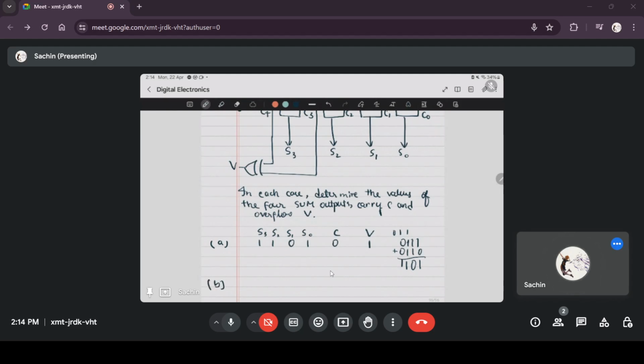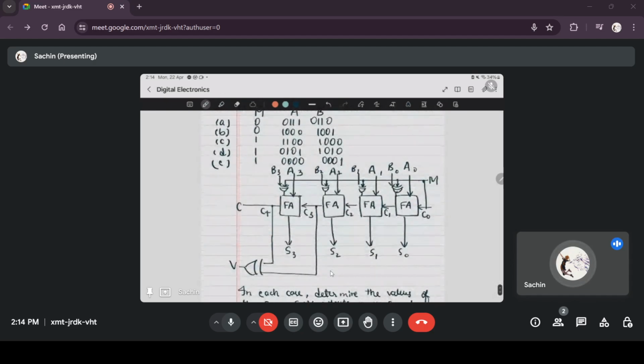Similarly for part B, we are adding 8 and 9.